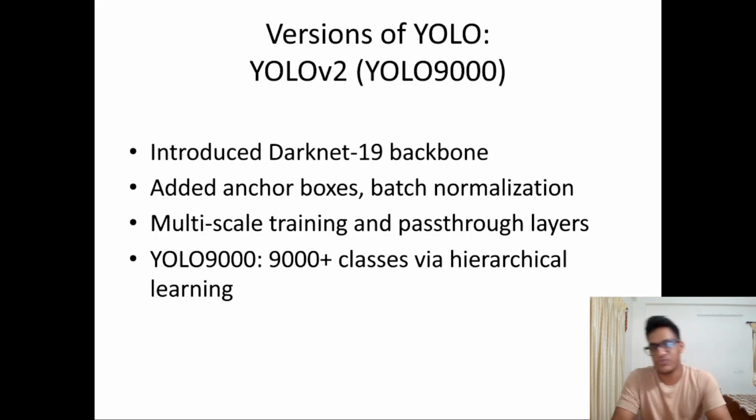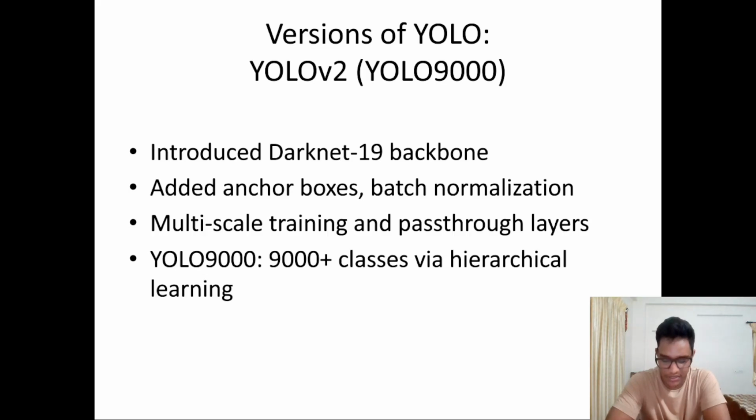So, the different versions of YOLO. First, we got YOLO version 1, then we got YOLO version 2, and it introduces the Darknet 19 backbone architecture. Darknet 19 backbone is actually better feature extraction, and it uses batch normalization, which allows faster training and better convergence, by using anchor boxes and multi-scale training and pass-through layers as well.